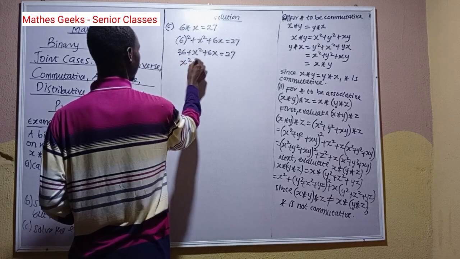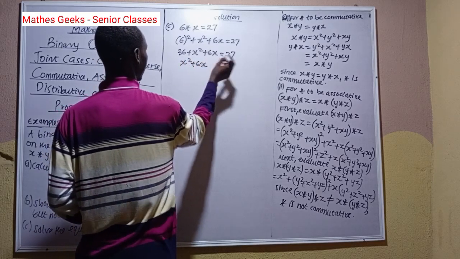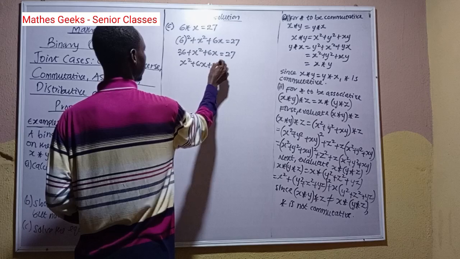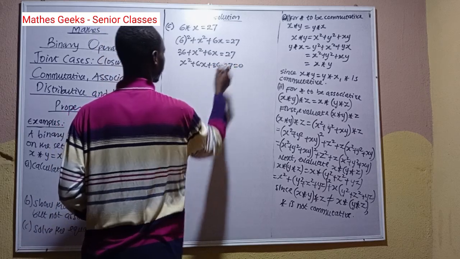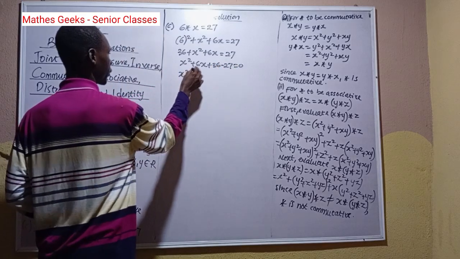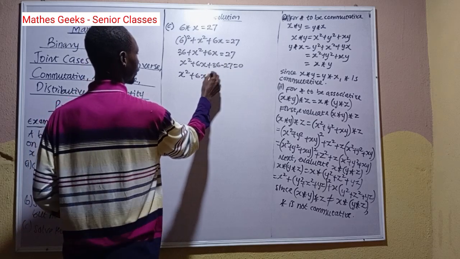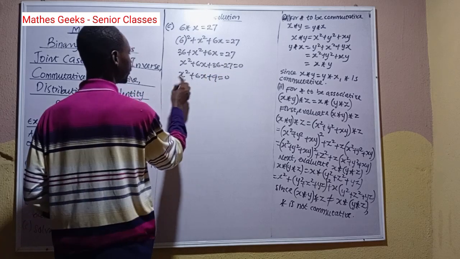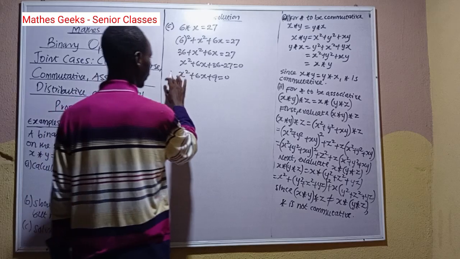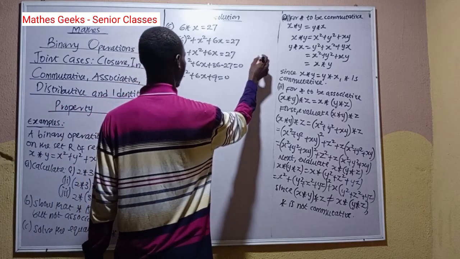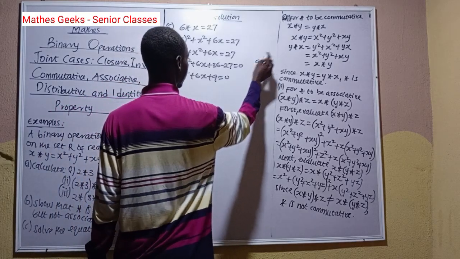x squared plus 6x plus 36 minus 27 is equal to 0. So x squared plus 6x plus 36 minus 27 gives us plus 9 is equal to 0. And now if you multiply these, it will give us 9x squared.